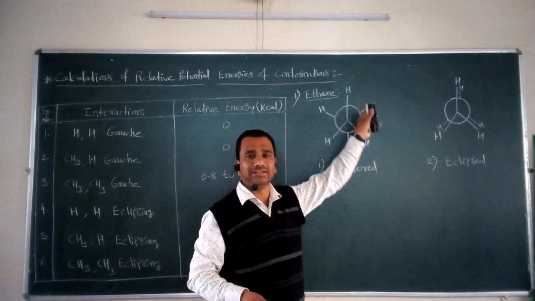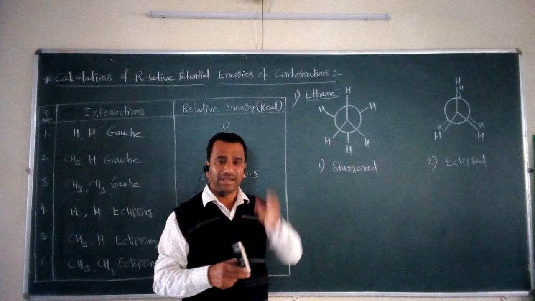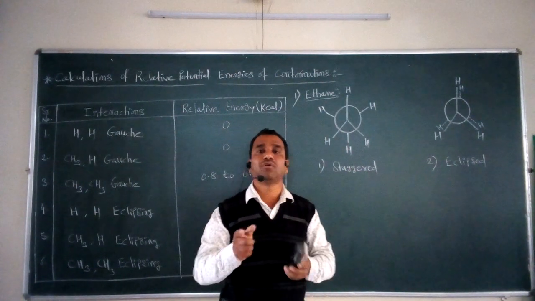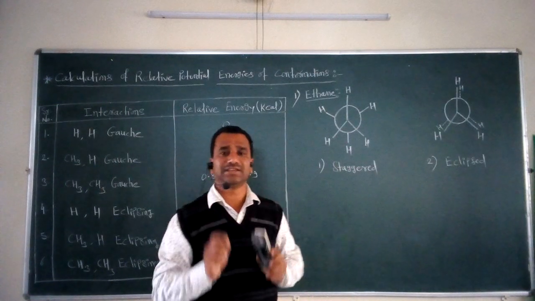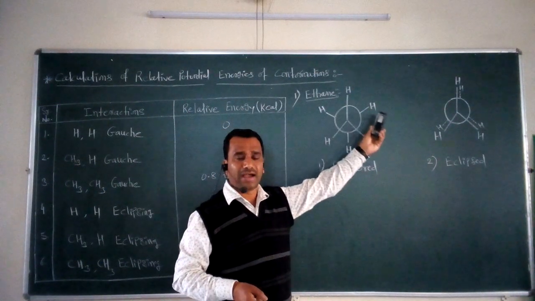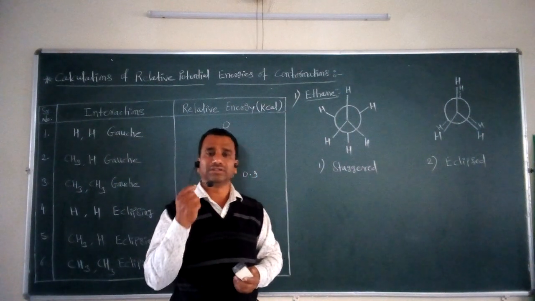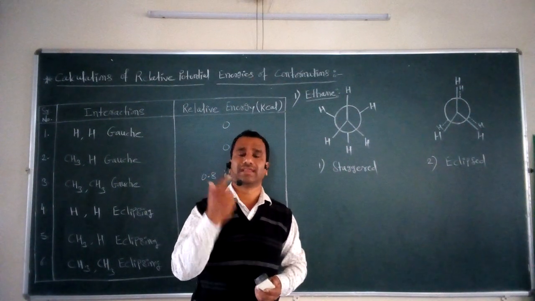The dihedral angle between these two hydrogens is equal to 60 degrees. So we can say that the interaction between these hydrogens is a gauche interaction. This HH interaction, or hydrogen gauche interaction, is present between two hydrogen atoms, one on the front carbon and the second on the rear carbon.